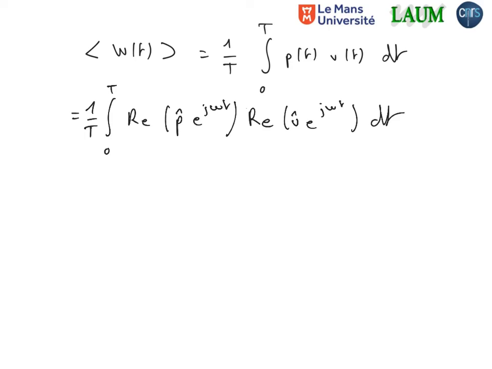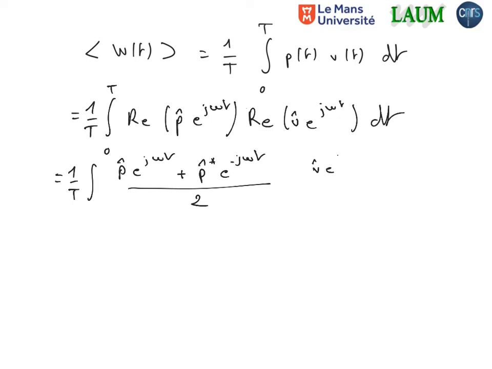Since this is the real part, this is 1 over T times the integral of p hat e to the j omega t plus the complex conjugate, e to the minus j omega t, over 2, multiplied by v hat e to the j omega t plus the complex conjugate.